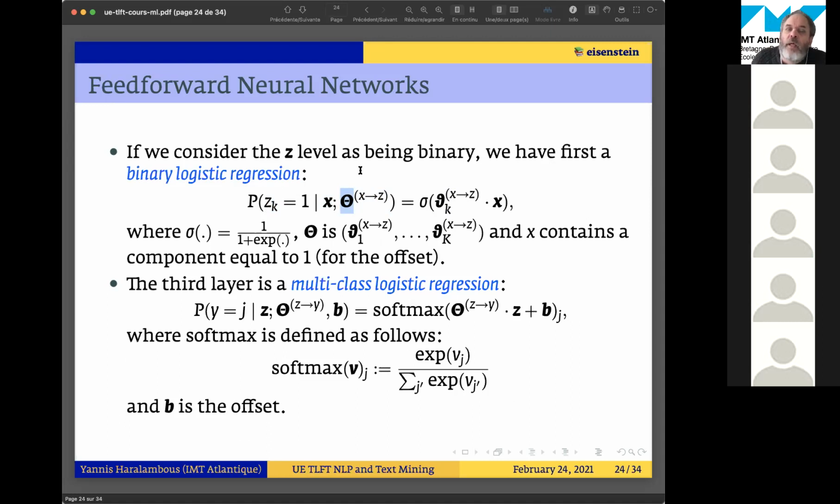Why? Because every component, K, corresponds to some individual. But the individual, X, can be a vector also. So we have columns, theta K, which have components, and I take a scalar product with X. So depending on the nature of X, this can be a vector or a scalar, and capital theta can be a vector or a matrix.